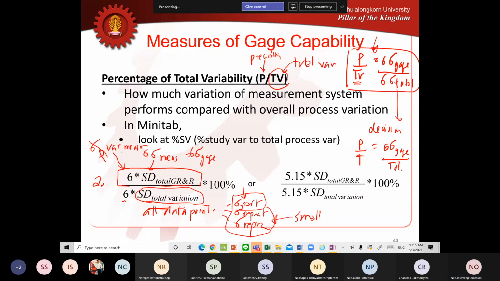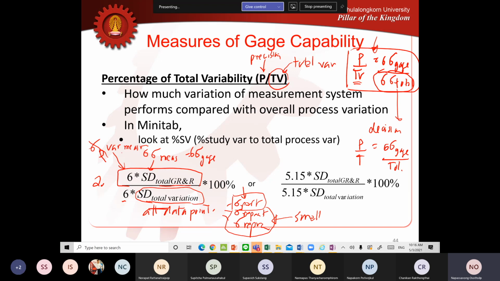To check for the variation of the gauge compared to the overall performance. Yes, overall variation of the parts that we produce in our production process. Right, that is the lower part here.